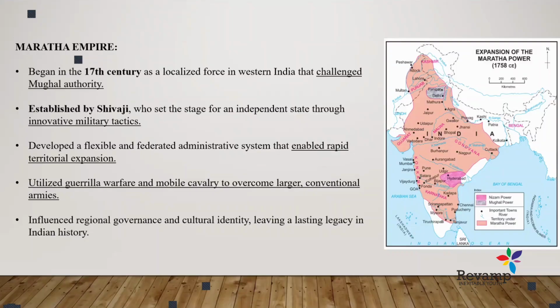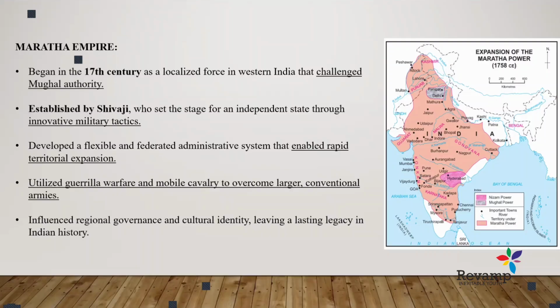The most important empire that rose after the decline of the Mughal Empire was the Maratha Empire, which began in the 17th century and ultimately challenged the authority of the Mughals. It was established by the great Shivaji Maharaj, a great military strategist well known for his innovative military tactics.